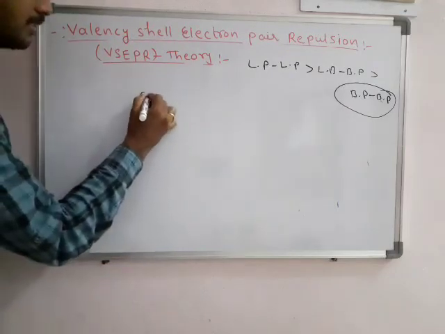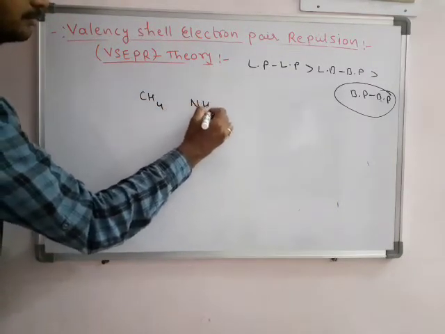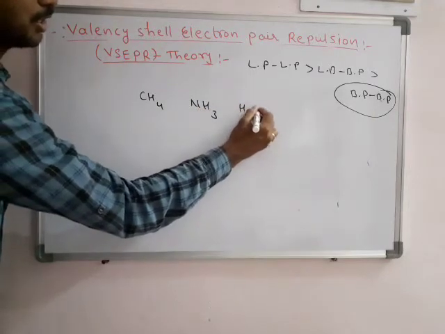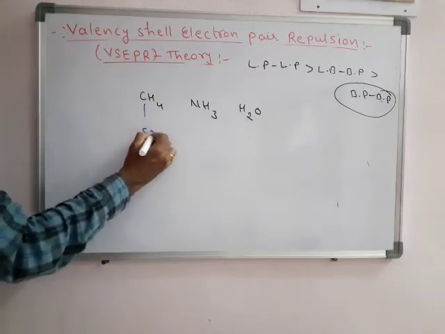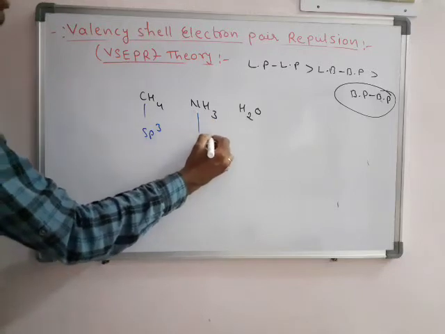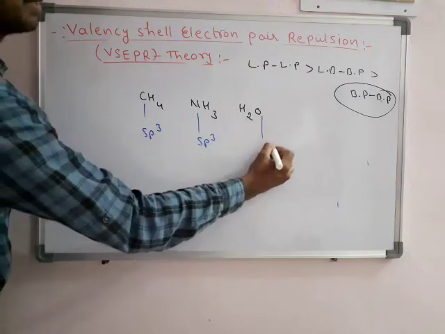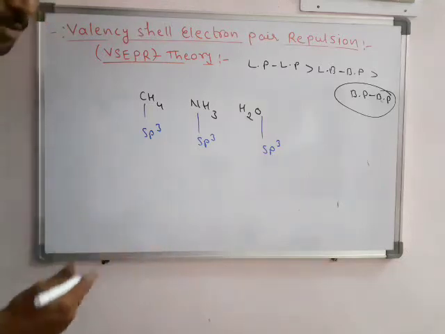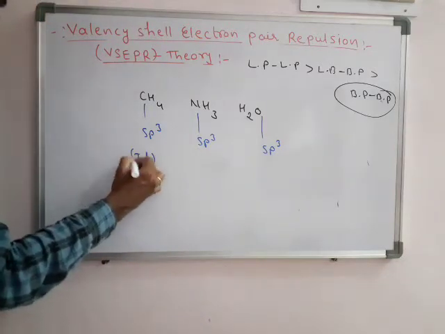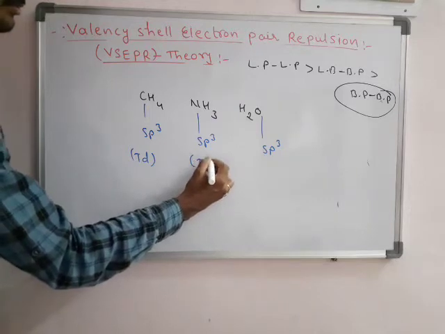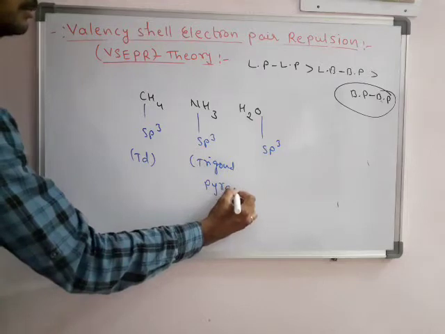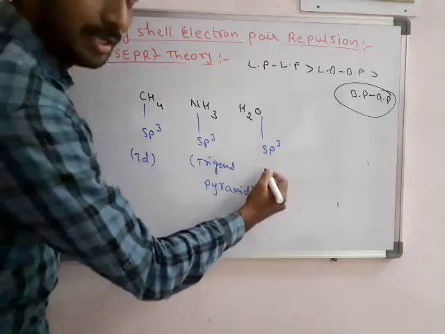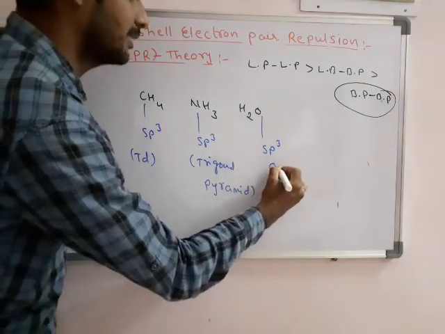Already we know CH4, NH3, H2O molecules and their hybridization. The hybridization of carbon is sp3, nitrogen is also sp3, and oxygen is also sp3. But what is the shape of those molecules? This is tetrahedral, this is trigonal pyramid, this is just angular.